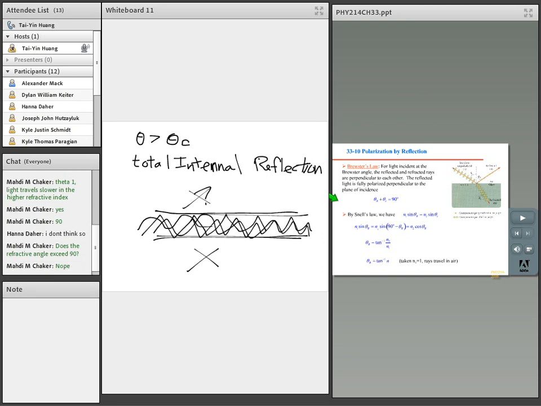All right, so let's move on to the next important concept, which is polarization by reflection. Previously we mentioned that when you have unpolarized light coming at you, we can polarize the light by placing a Polaroid in front of it.